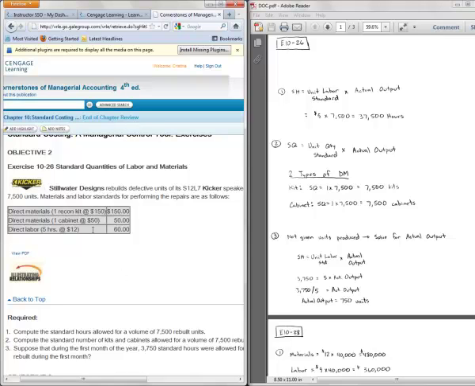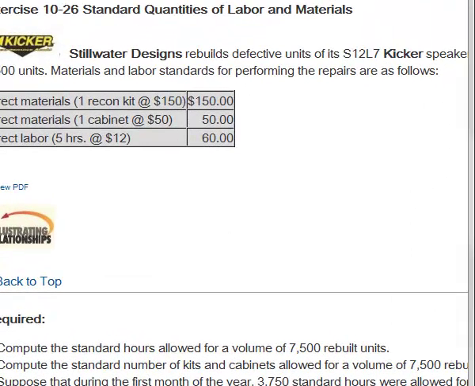Jumping into this first exercise, 10-26, we can see what we're going to be asked to compute. The first is standard hours allowed, and the next is the standard number of kits and cabinets. If we think to our equations, we know that the standard hours is going to be the unit labor standard times the actual output.